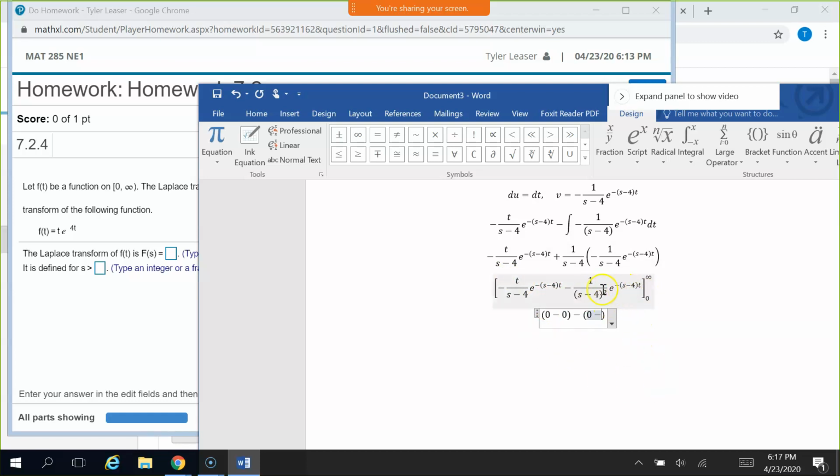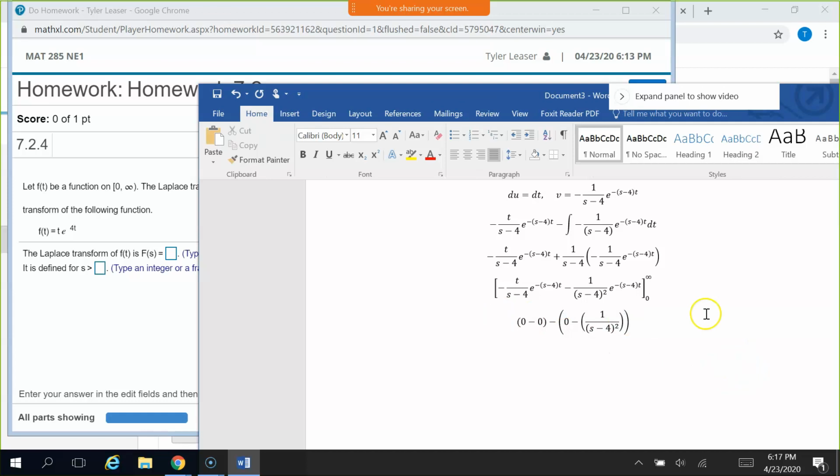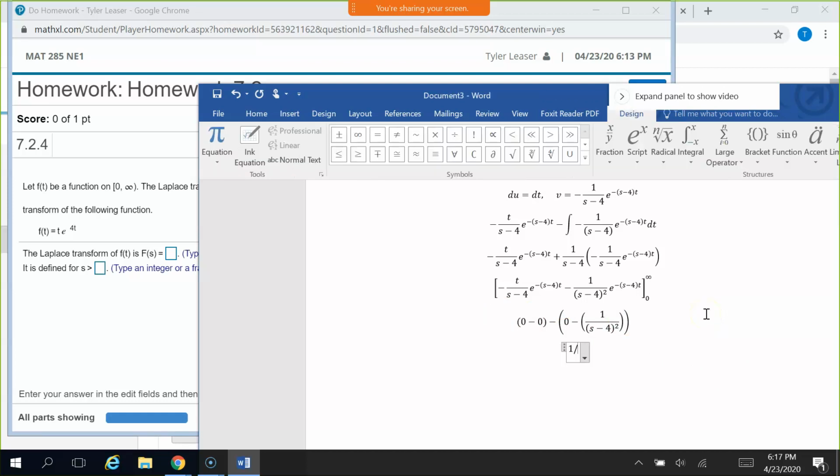When I plug 0 into this, the e goes to 1, so we're just going to get that coefficient, that 1 over (s - 4) all squared. That's a lot of ugly parentheses, but the whole point is that we just get this.